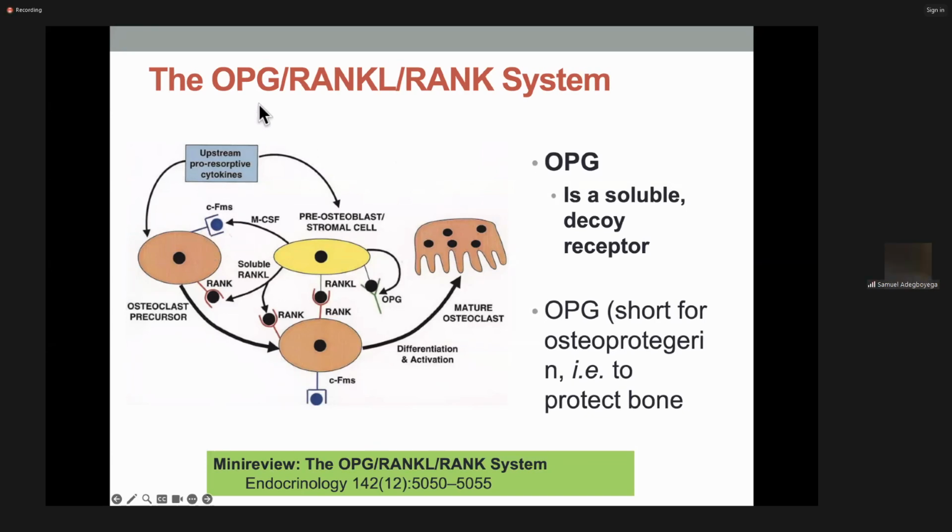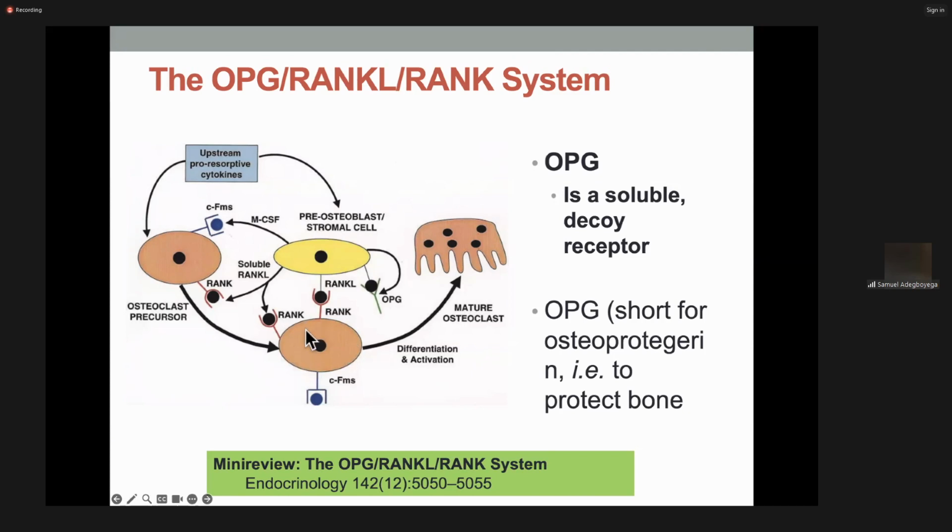So basically, the OPG, the RANK and the RANKL. The RANK is the receptor. Okay, it's the receptor. So whatever binds to it is going to be expressed. If you look right here, this is your RANK system.